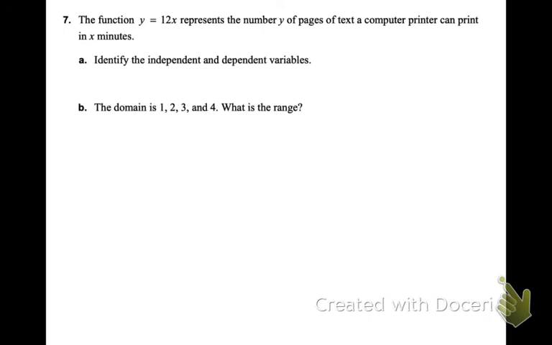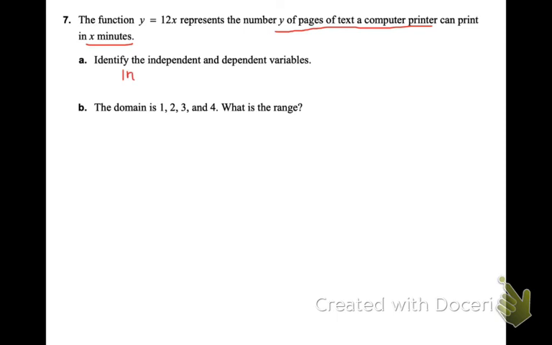So number 7, we have a function. The function is y is equal to 12x. It represents the number y of pages of text a computer printer can print in x minutes, okay? So we want to identify the independent and dependent variable. Remember the independent is something that maybe could be counted, or it doesn't require anything else acting on it. So in this case, the x is the minutes.